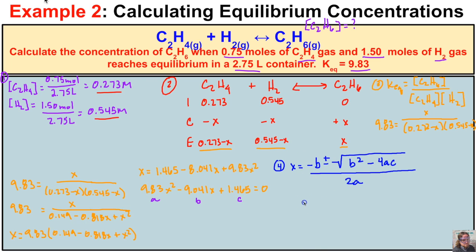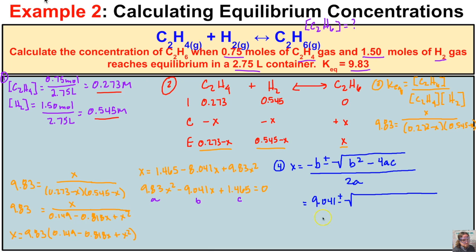And so now we can start to plug these numbers in. Negative b, well, if we have negative 9.041, that is going to be 9.041.